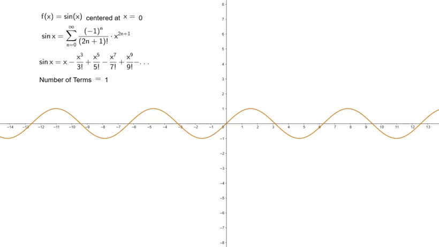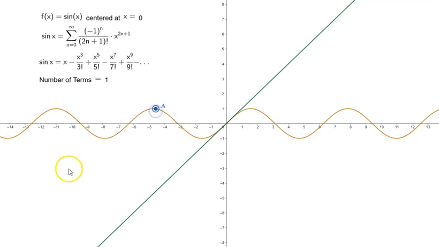We have already seen this. So if the number of terms is 1, we get a straight line centered at x equal to 0. A little bit of construction. Let's take a point A on the function sine of x. I can move this around.